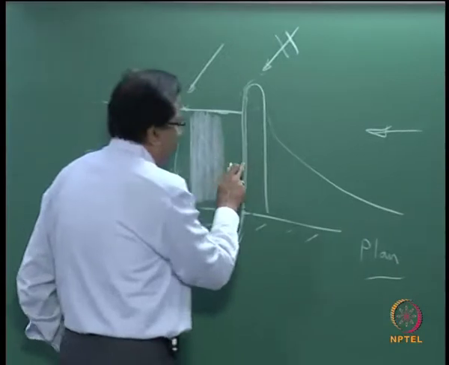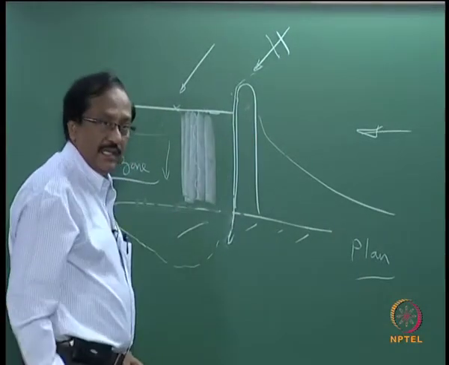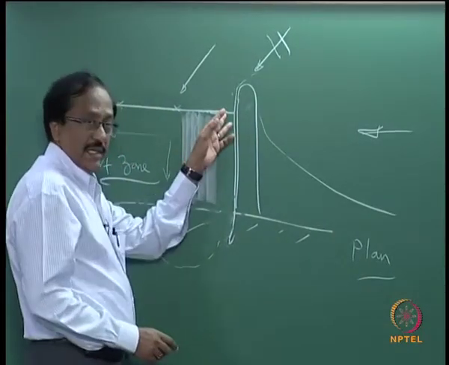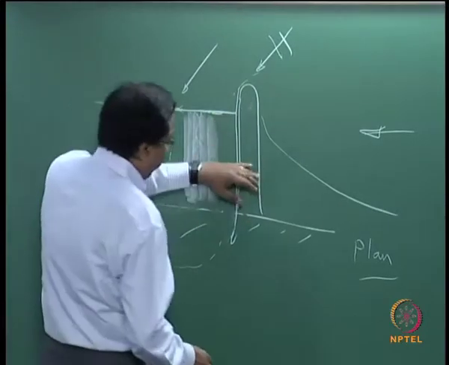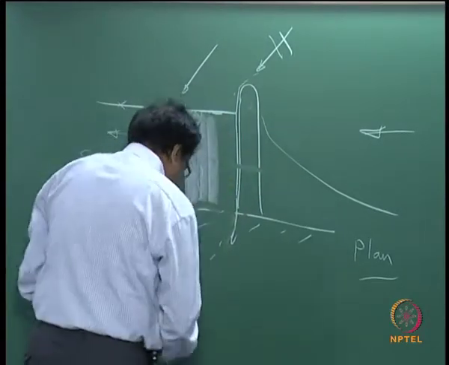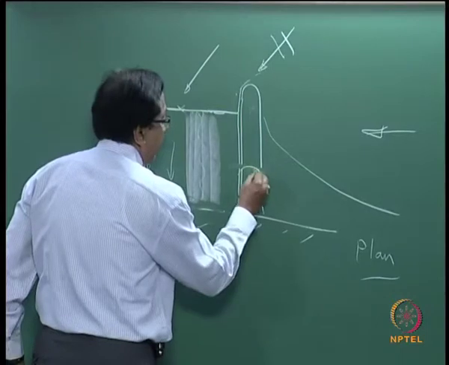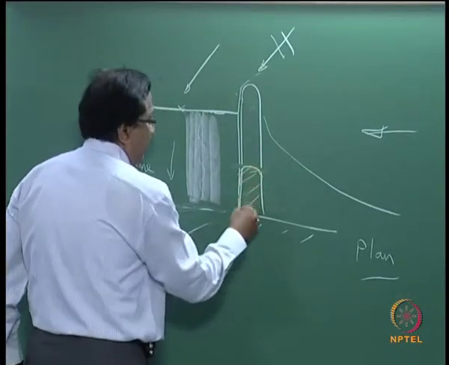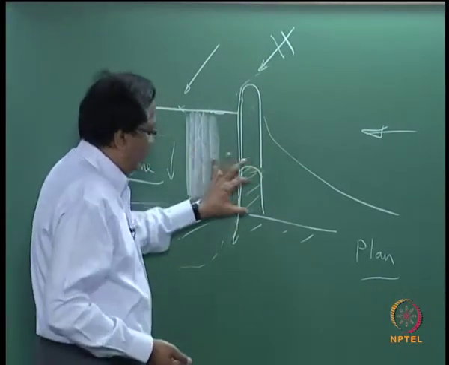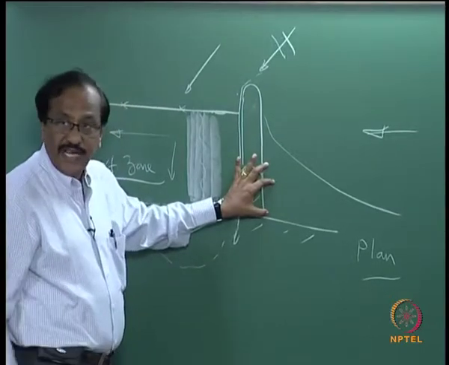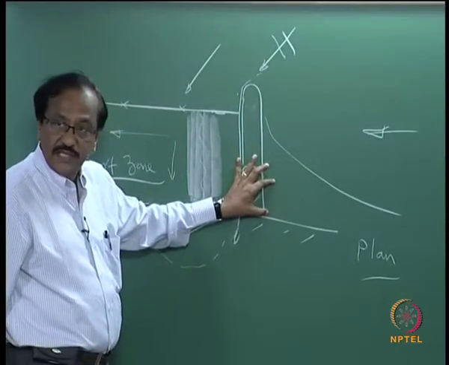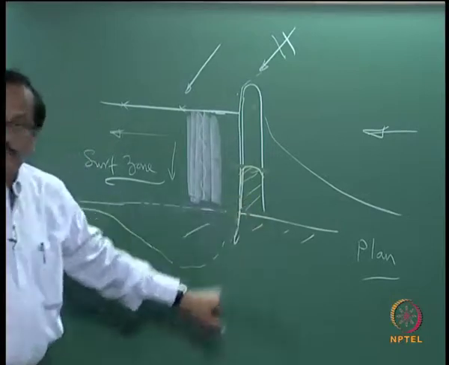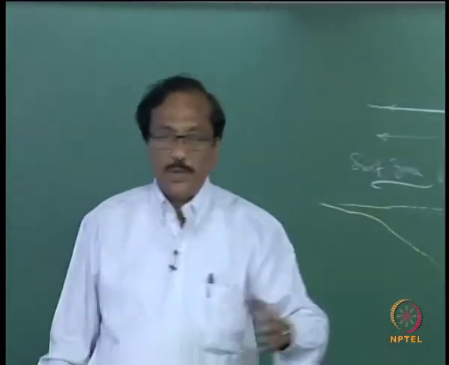If you construct a groin but it does not pierce the breaker line, for example if it is going to stop here, then you see that it is going to capture only the sand distributed within this distance. So the effectiveness of the groin is not much compared to a long groin.